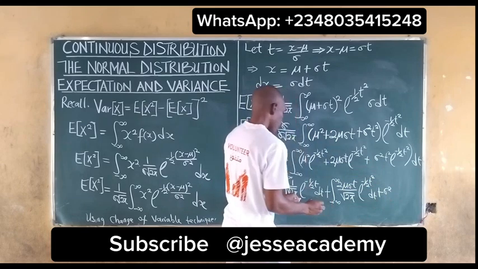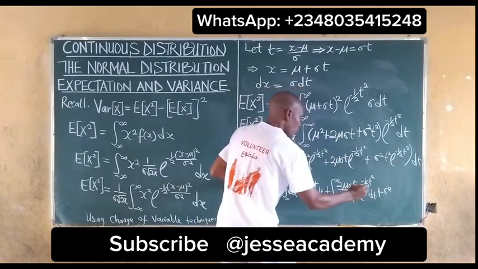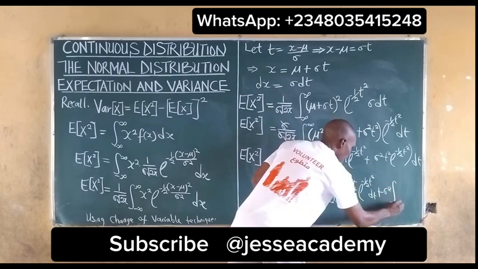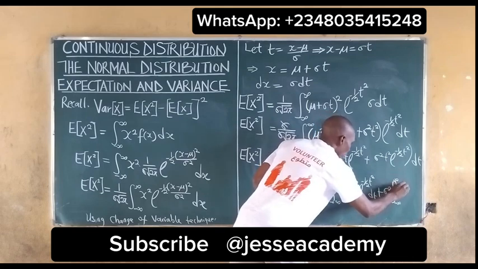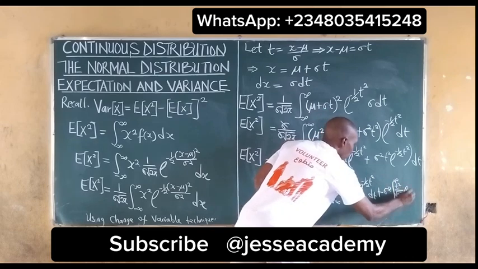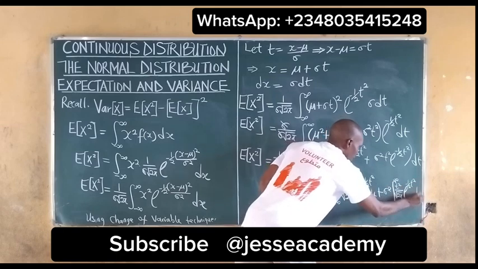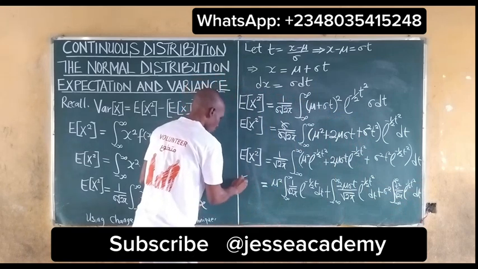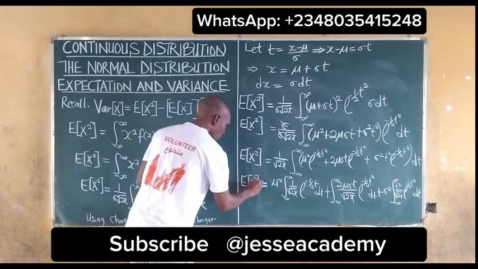Now we have the integral from negative infinity to infinity of t squared all over square root of 2 pi exponential negative 1 all over 2 t squared, then dt. That is it. So we have it as our expected value of x squared.